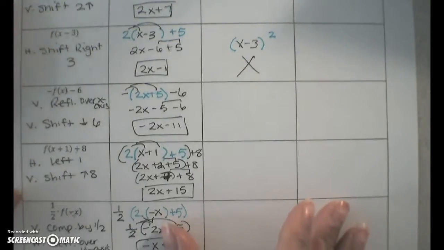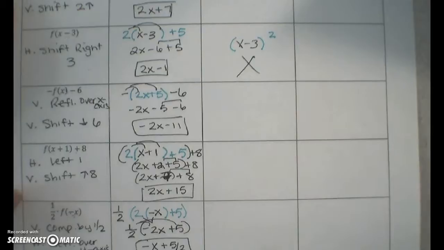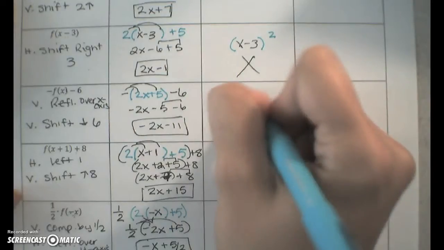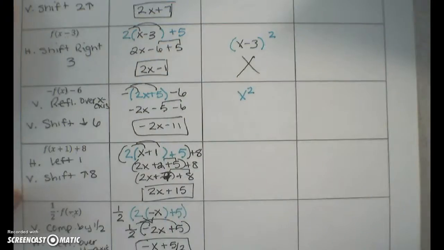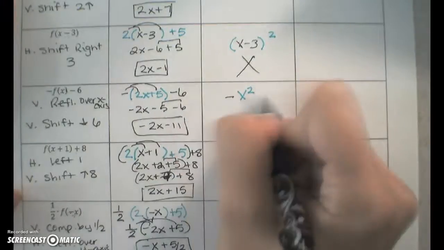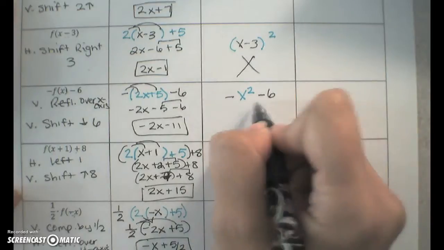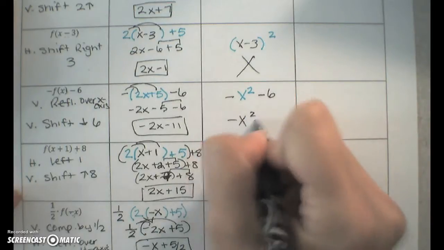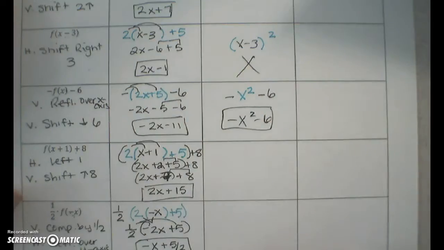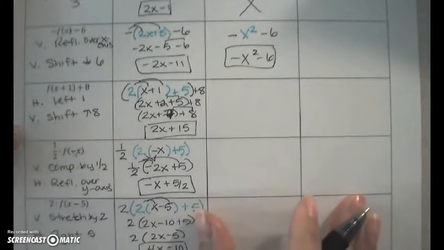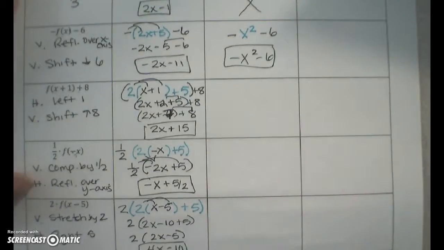Next one, are we plugging anything in? No. So just your x squared is written, and now we write everything else, the negative out front and the minus 6 behind. And that's it. That's our answer, negative x squared minus 6. All right, one more. Here we go. Is anything plugged in?